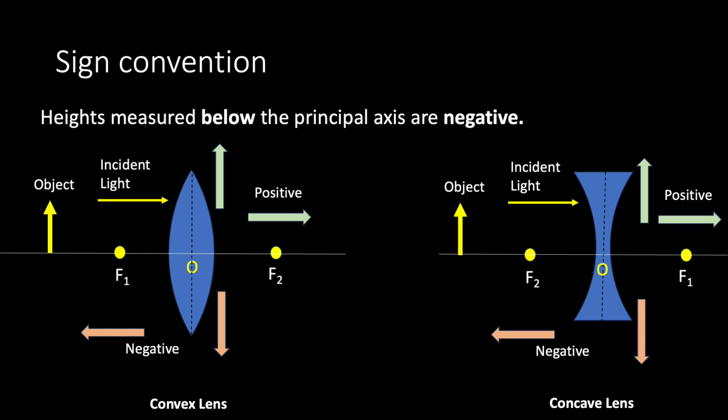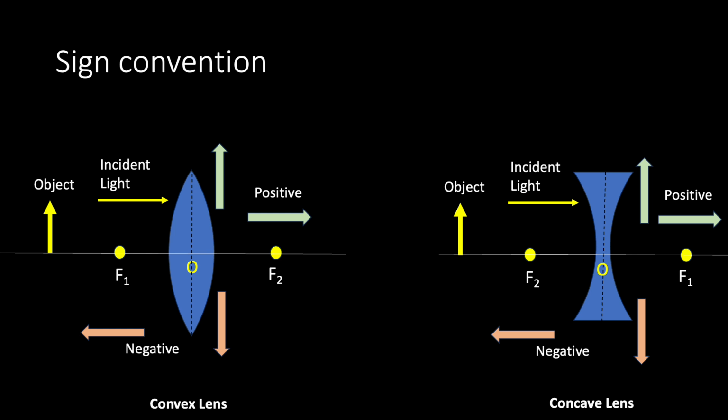Heights measured below the principal axis are negative. Object distance is negative. So to summarize, I can say that right is positive, left is negative, up is positive, down is negative. Keep this grid in mind.